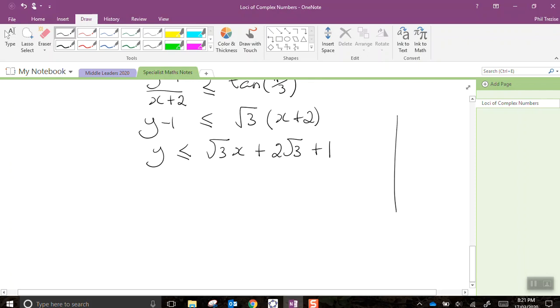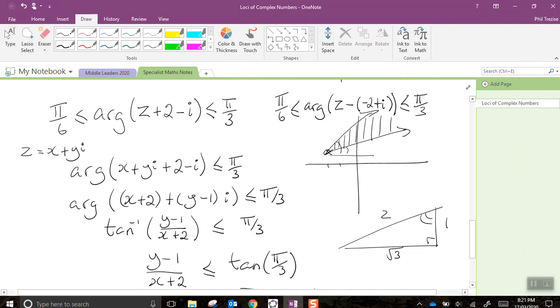So if I were to want to sketch this thing, then I would need a y-intercept of whatever this comes to. So that's about 1.7, so that's about 4.4, somewhere up about here. And we'd need a gradient of root 3. So we'd have a line running up like this. That's only part of the story. You're probably happy enough to recognise that that's the lower part of our ray here.